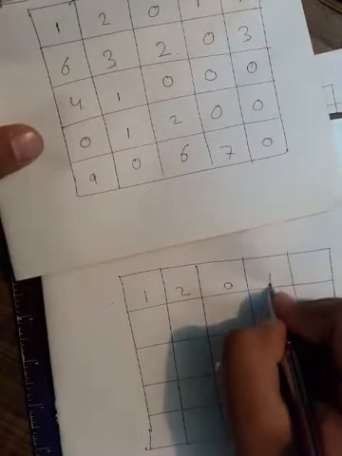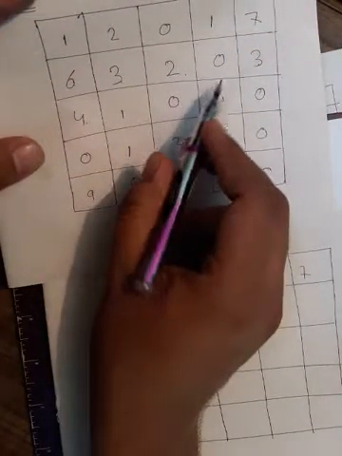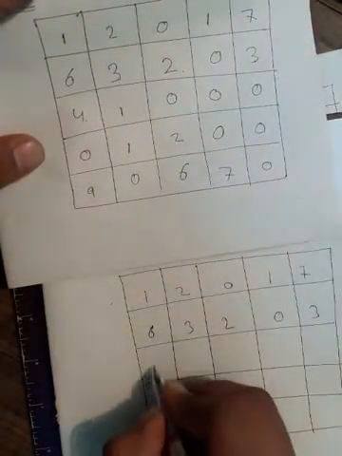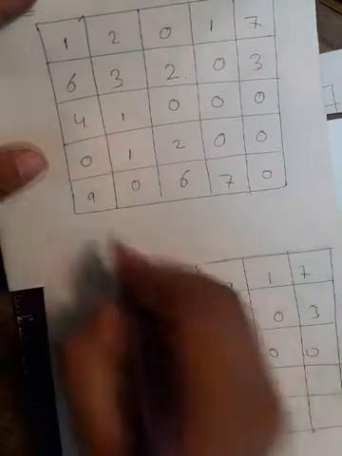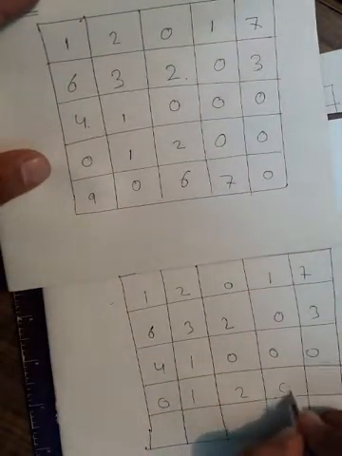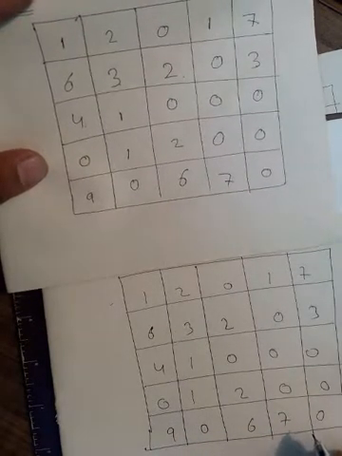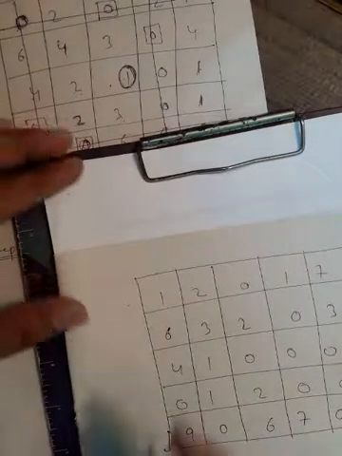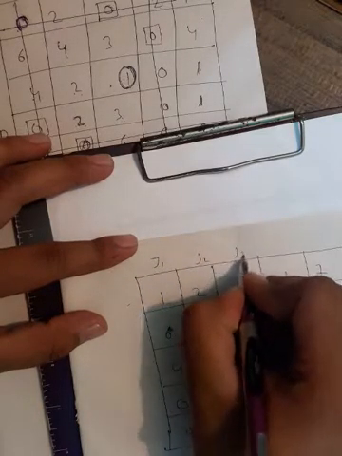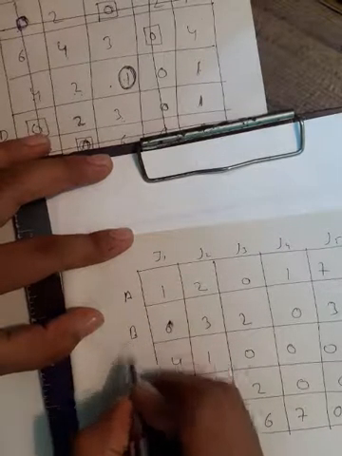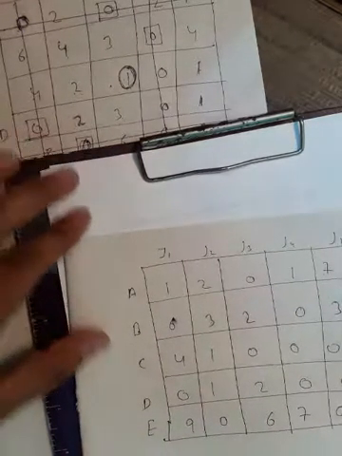The rows are 1 2 0 1 7, 6 3 2 0 3, 4 1 0 0 0, 0 1 2 0 0, and 9 0 6 7 0. This is your J1, J2, J3, J4, J5. Here it is your A, B, C, D and E.